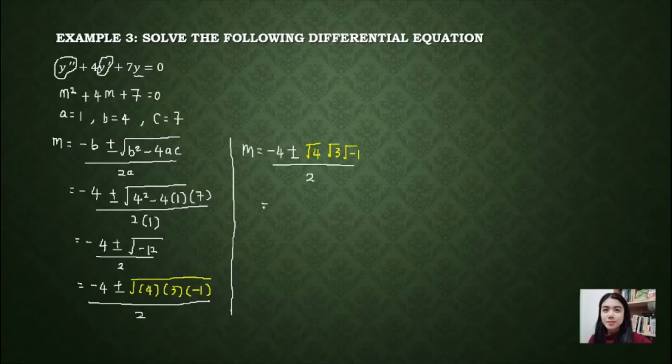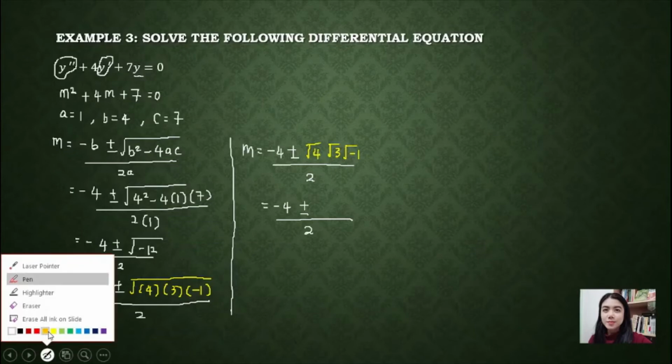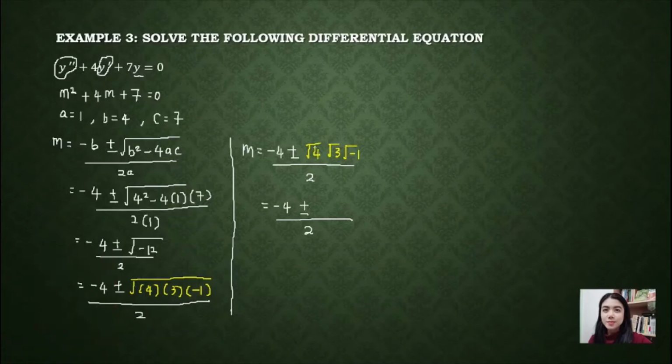And of course for the negative 4 we just copy back, and the divided by 2 we also copy back. Let's look at the square roots here. The square root of 4 is equal to 2, and the square root of negative 1 will give you i.